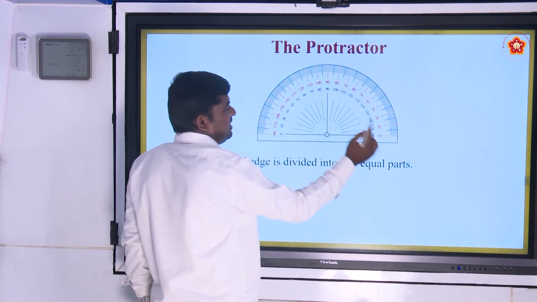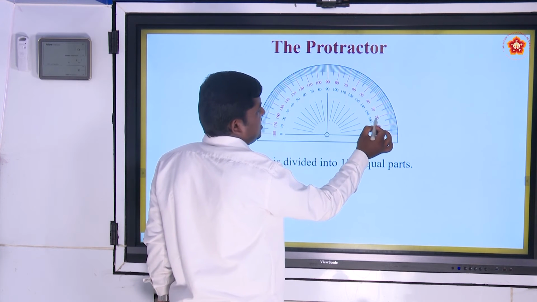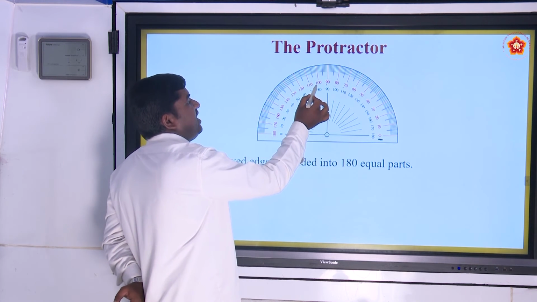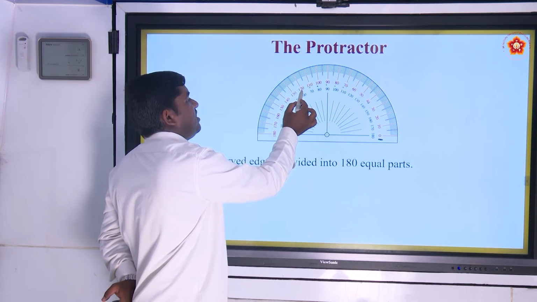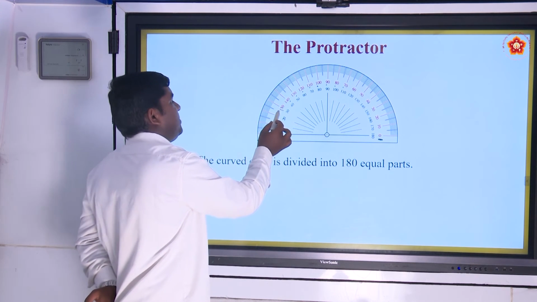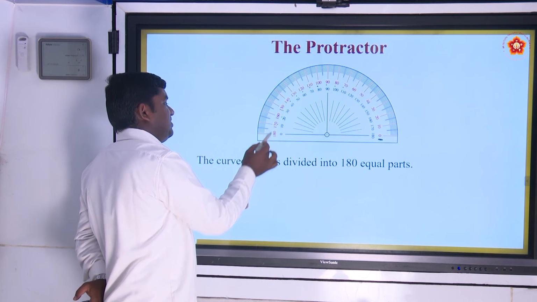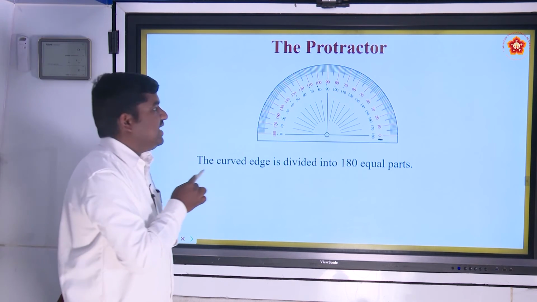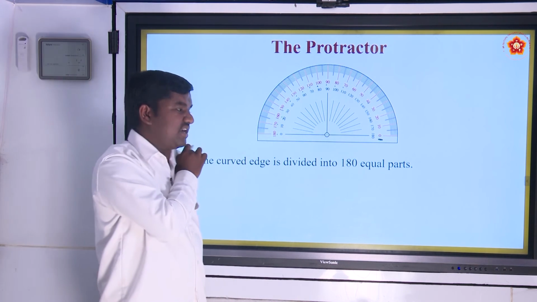From the right side, we will start from 0, 10, 20, 30, 40, 50, 60, 70, 80, 90, 100, 110, 120, 130, 140, 150, 160, 170 and 180. Total 180 degrees in this protractor.